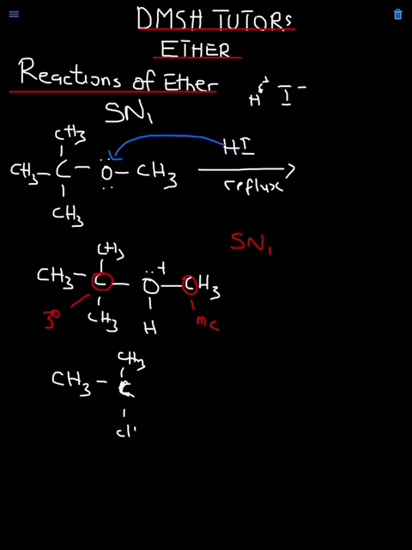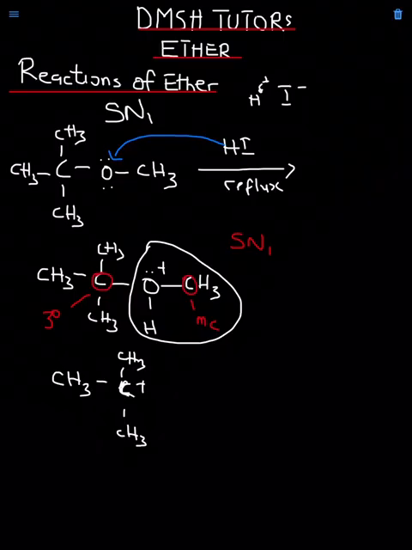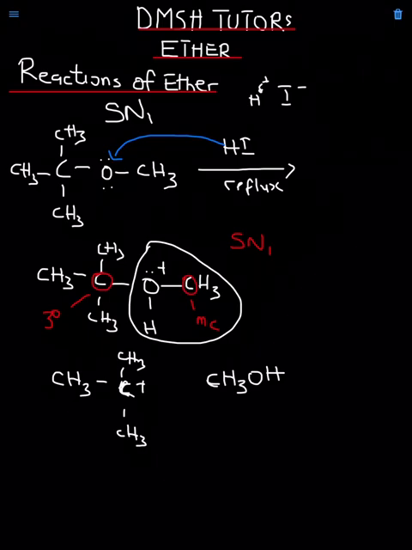So we have, then this carbon will lose the alkoxide itself, the methanol itself. Since it's a tertiary carbon, we have CH3OH. Then there's iodine still waiting. Am I right? So iodide with negative charge is still waiting. The iodide with negative charge will now come and join.